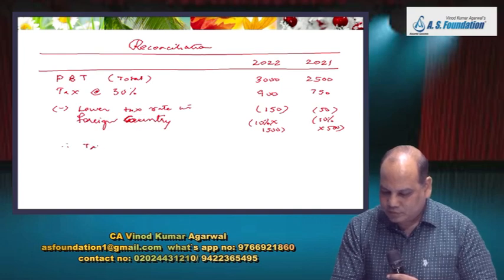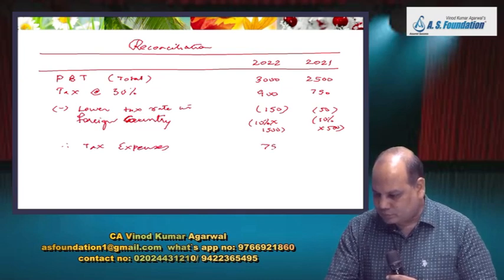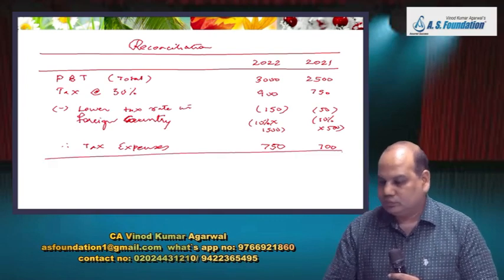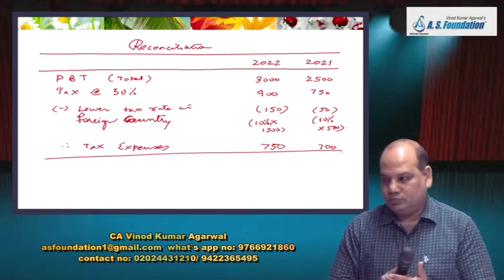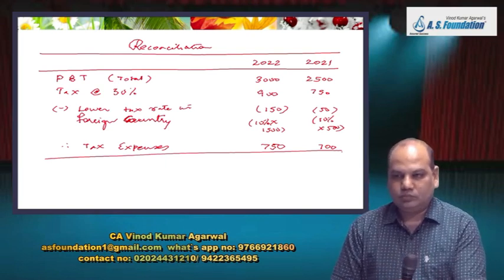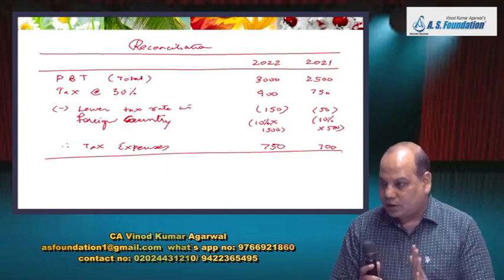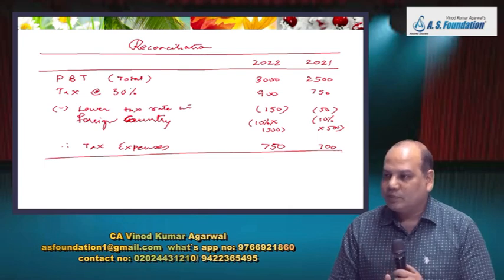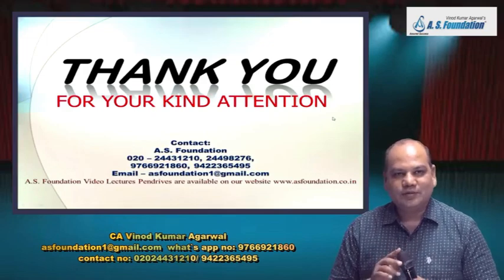Therefore, tax expense 750 and 700. In case the tax expense includes deferred tax also, you have learned now how to do the adjustment. This chapter is over.